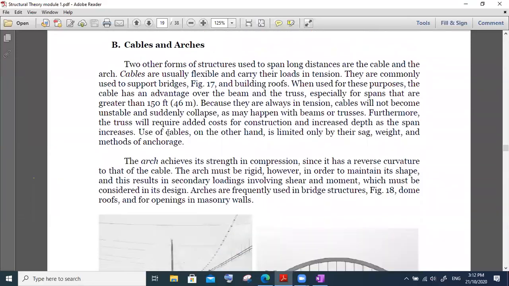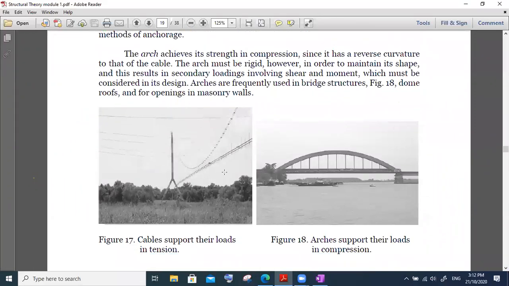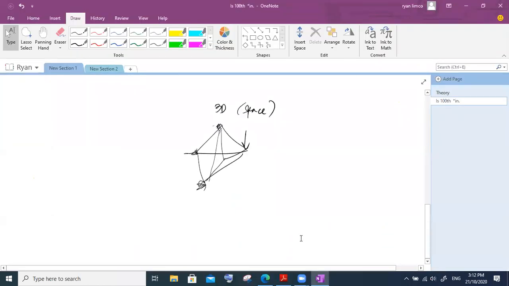So, cables. Ipunta na lang tayo dito. Magkabaliktad to sila kasi si cables, kung makikita natin, if this is a bridge, a suspension bridge, you have the tower here and you have another tower here. This is the supporting cable.